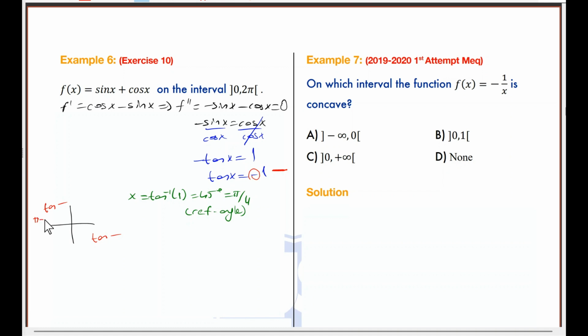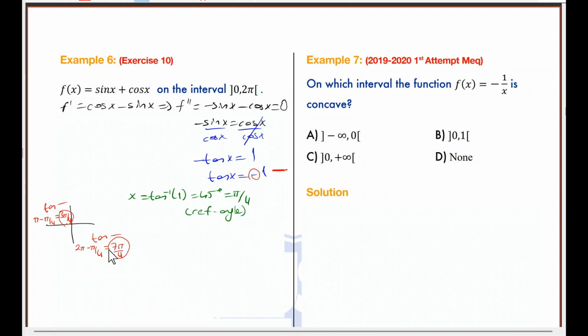It's pi minus reference, which will be 4 minus 1, 3 pi over 4. In the last quadrant, the original angle is 2 pi minus reference, which would be 8 minus 1, 7 pi over 4. So I got two values, 3 pi over 4 and 7 pi over 4.